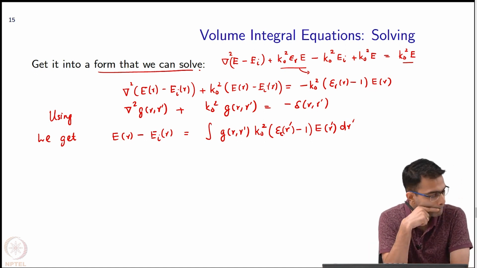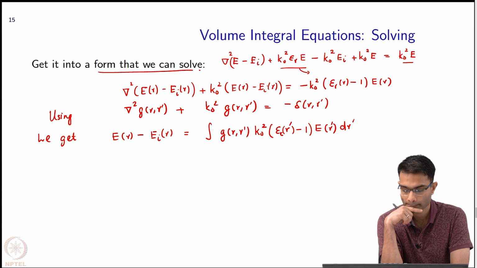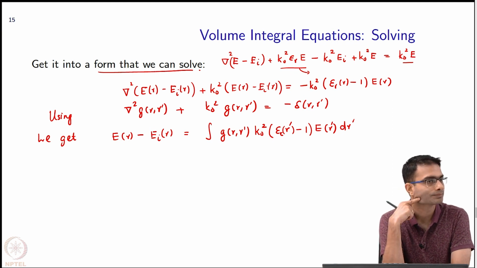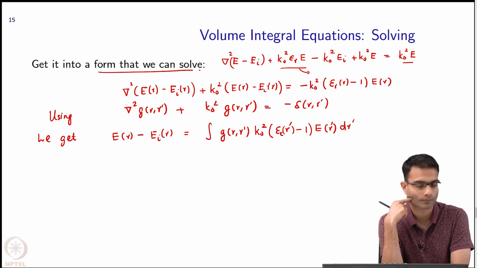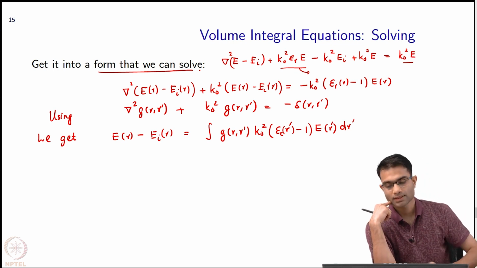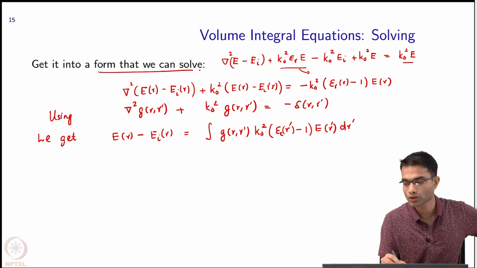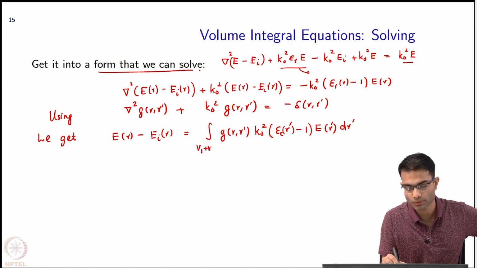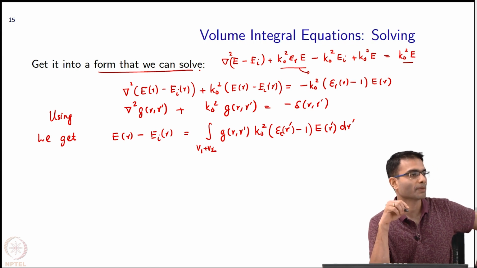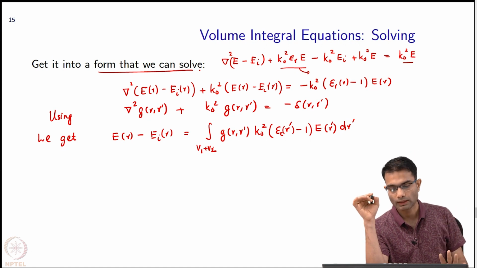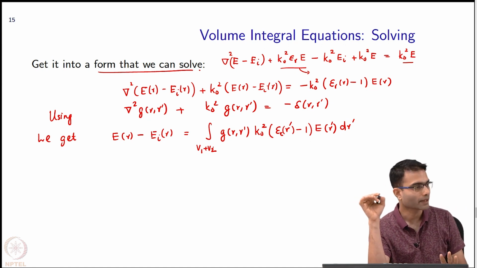Is that fine? And the region of integration is going to be the full volume V1 plus V2, that makes it most general. So, this is the expression that we get.